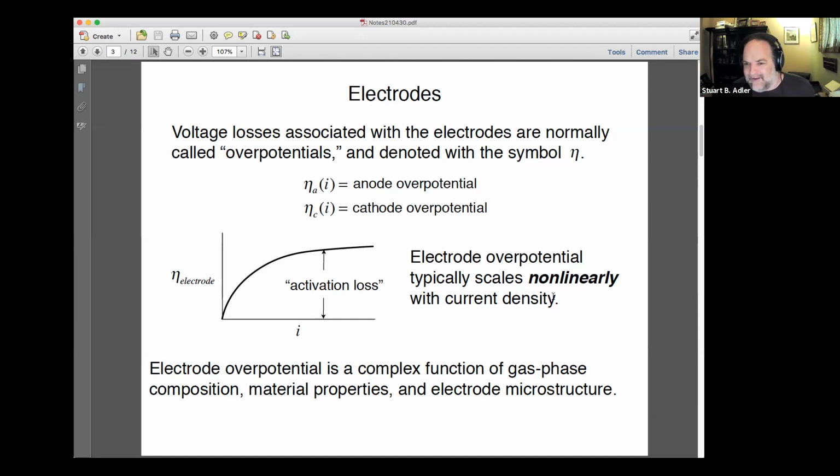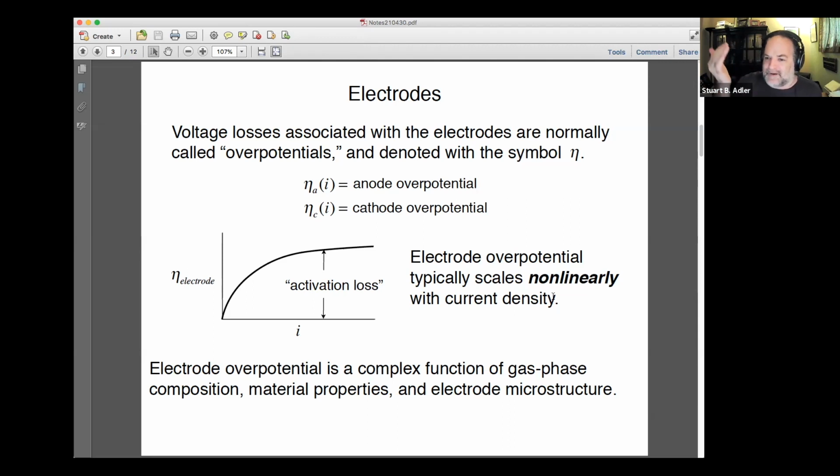Roughly speaking, it looks like what I've just drawn up on the screen. So as you increase the current density, the voltage loss goes up, and it tends to go up more dramatically at first at low current densities. This is called the activation loss. It basically means I've got to kick up the driving force to a certain threshold in order to get the current to go.